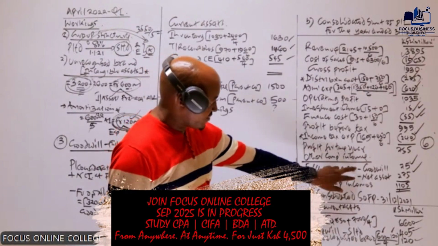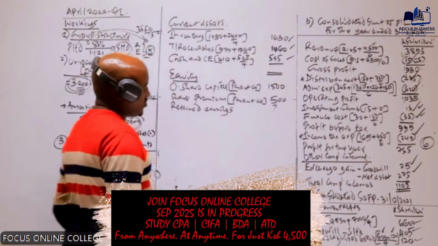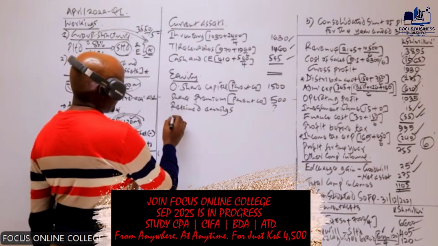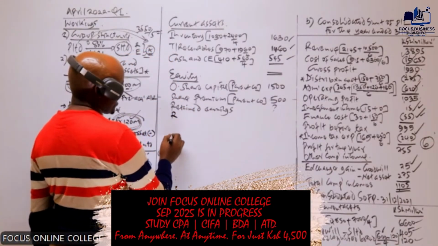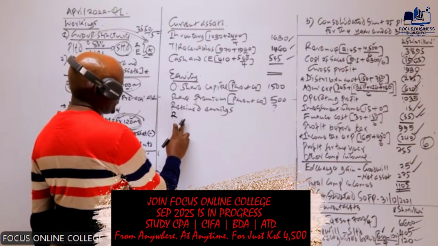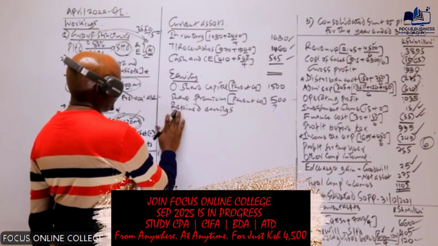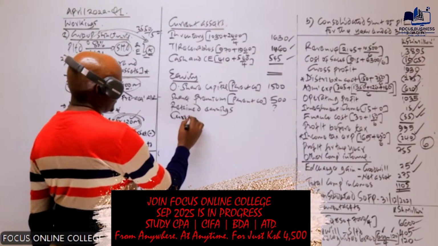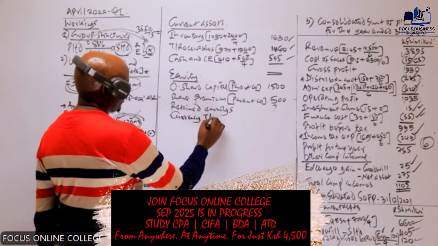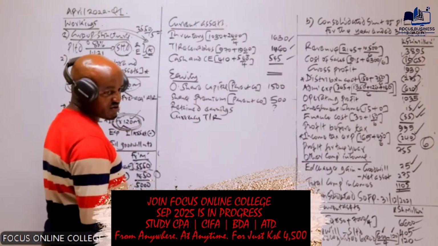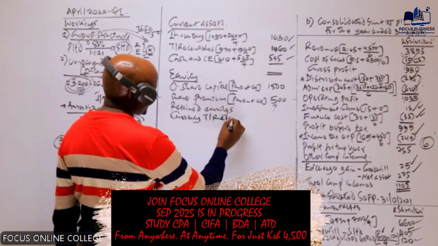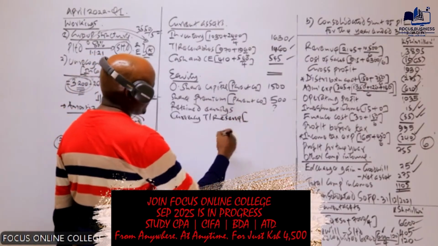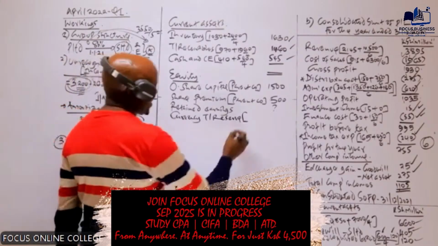So we compute the exchange difference, which is attributable to the parent company, and we recognize it here as a component of equity. Basically, we refer to that as currency translation reserve, the currency translation reserve for the parent company.